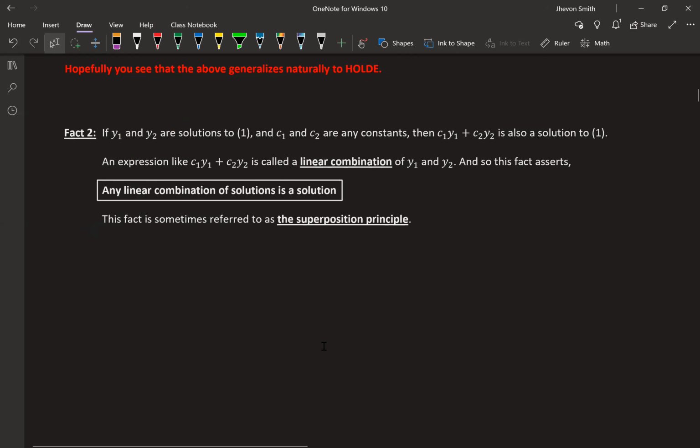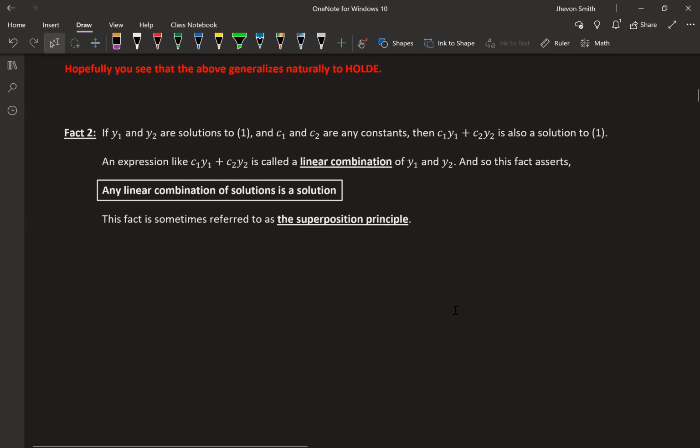Here's another fact. If I have two solutions, y1 and y2, and c1 and c2 are any two constants, doesn't matter what they are, then this expression c1 y1 plus c2 y2 is also a solution. This expression here is called a linear combination of y1 and y2.